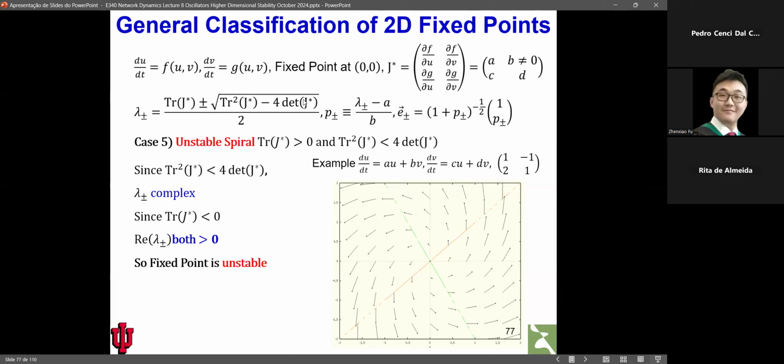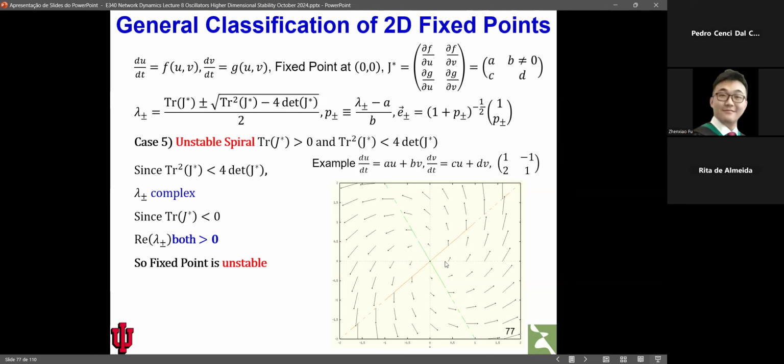The trace squared is less than this, so it's going to be the complex part. Trace of J is going to be larger than 0, then the real part of lambda plus is going to be positive, and then they are going to spiral.